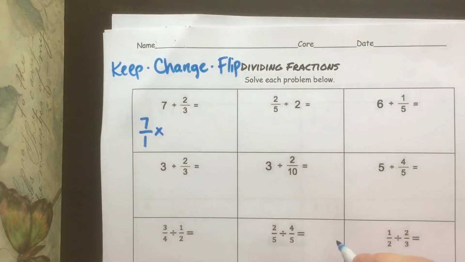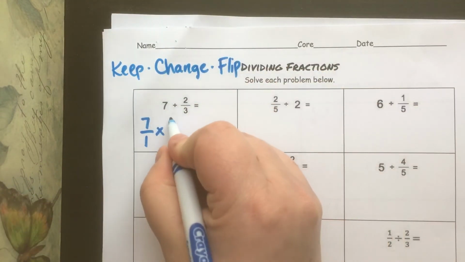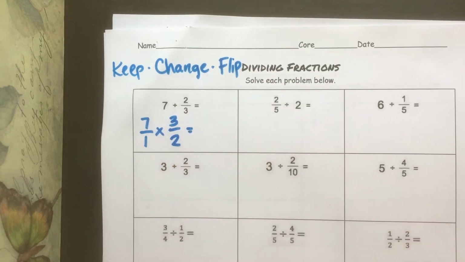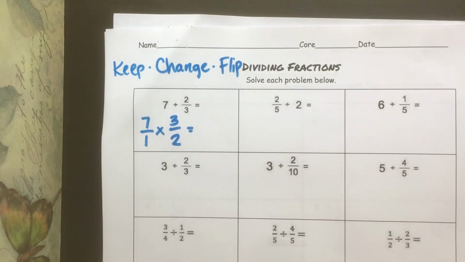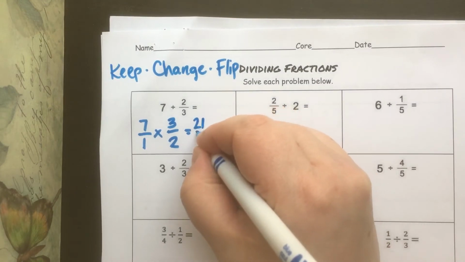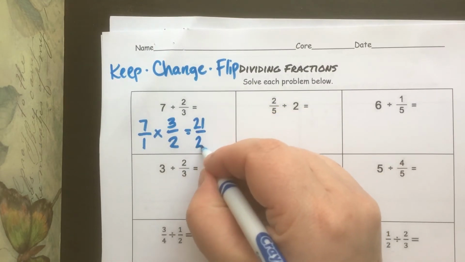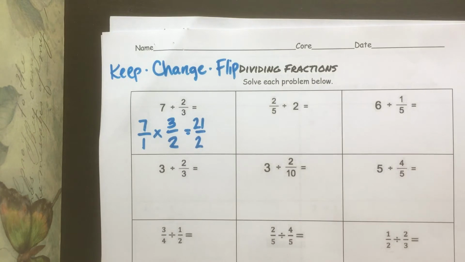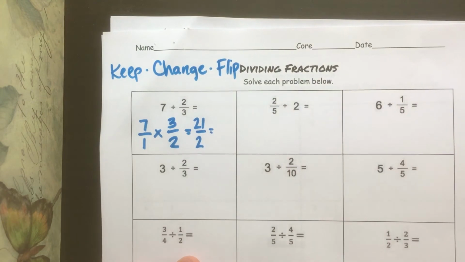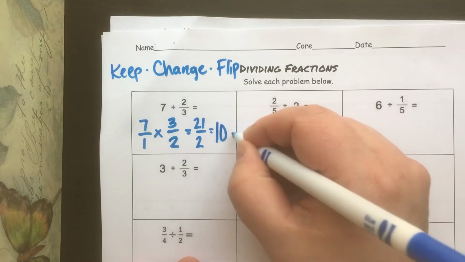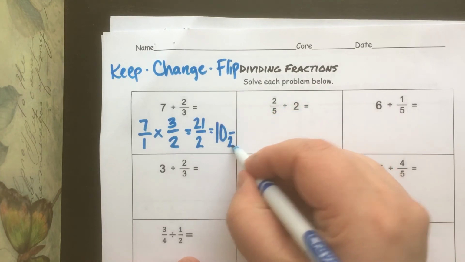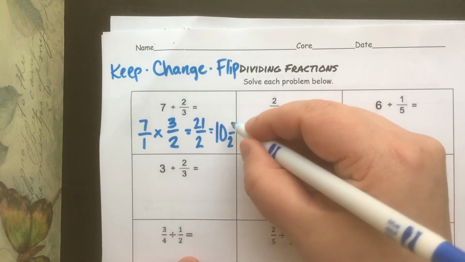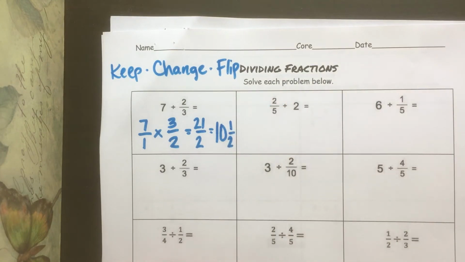Change the operation to multiplication and flip the second fraction. 7 times 3 is 21. 1 times 2 is 2. Now we need to simplify this, right? So we think, how many 2's are in 21? Well, I know that there are 10 2's in 20. If I take 10 2's out, how many 2's are left? 1.